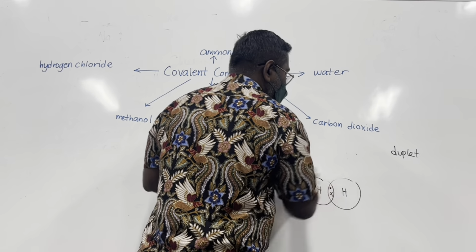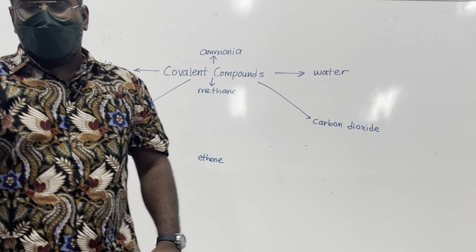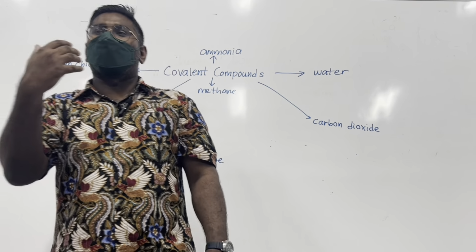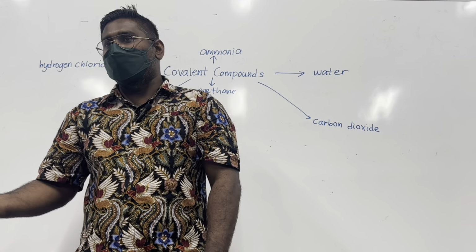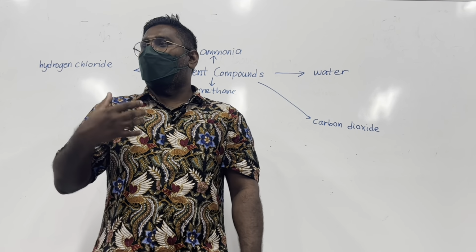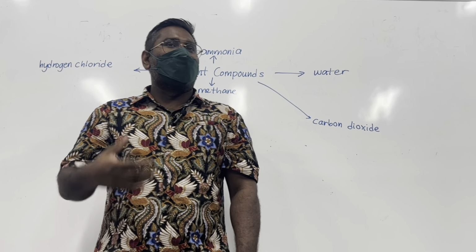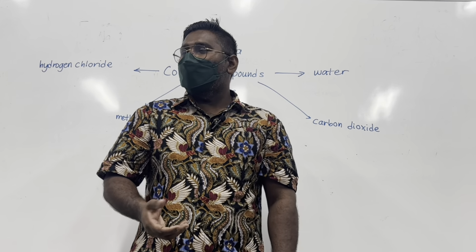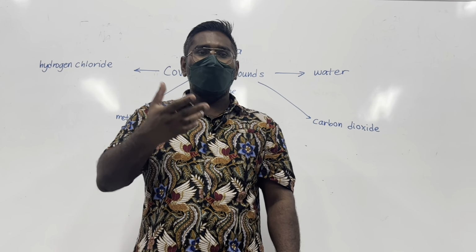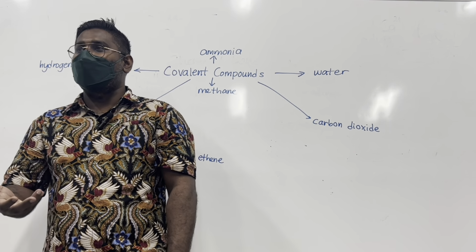Since yesterday I taught you about the single covalent bond, I showed you the single covalent bond between chlorine gas, Cl and Cl. I also showed the double covalent bond between oxygen and oxygen, O2, oxygen gas.